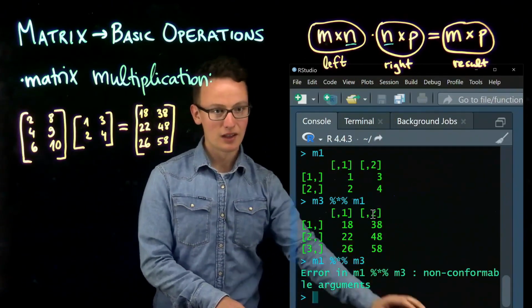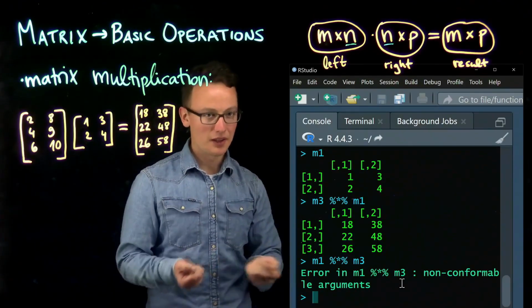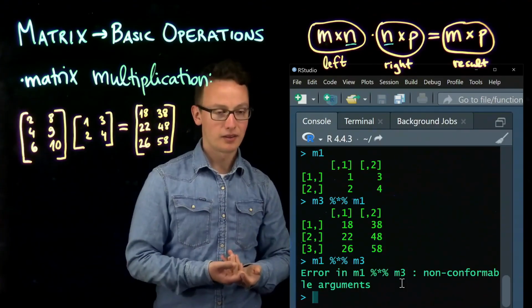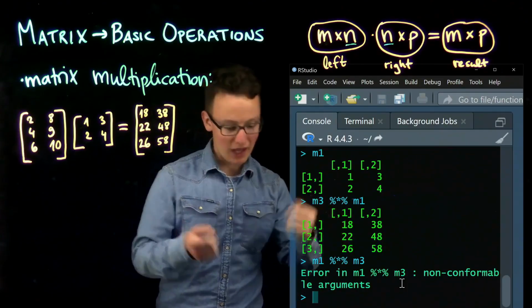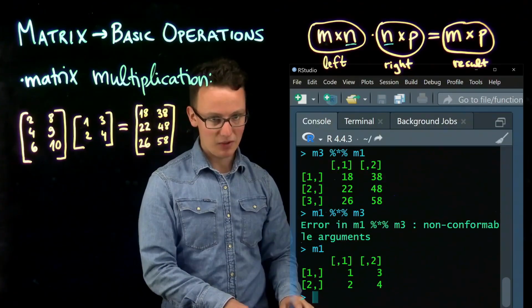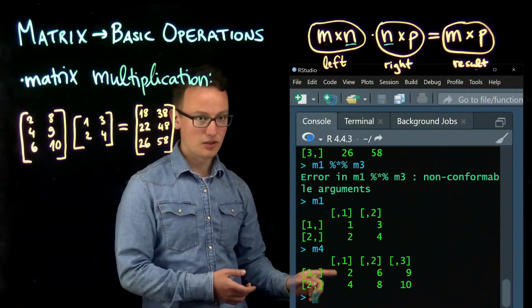And as expected, we get this usual error in R here, which complains about dimensions of matrices not matching up for the particular operation we want to apply, right? One thing we can do though is if we remember, okay, M1 was this, and we also had a matrix M4 specified, which was a 2 by 3.